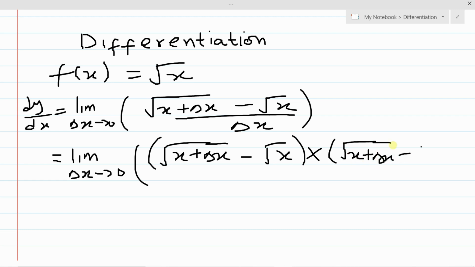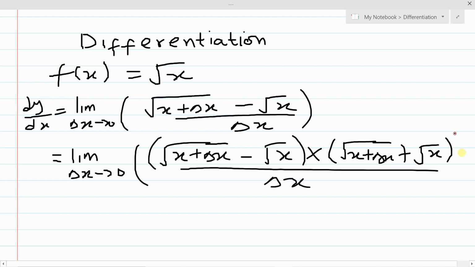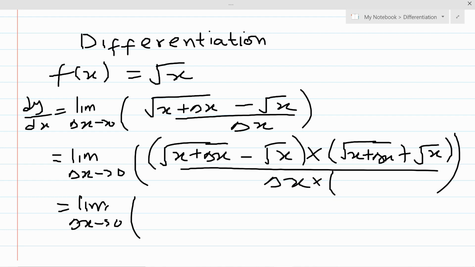All right, so if you rationalize the numerator, this is what we get. Now we take the limit as delta x approaches 0 of, and we have the same thing here, a difference of two squares. Sorry, the denominator is supposed to be multiplied by the same thing, plus square root of x. Then we get something like this: the first one squared minus the second one squared.